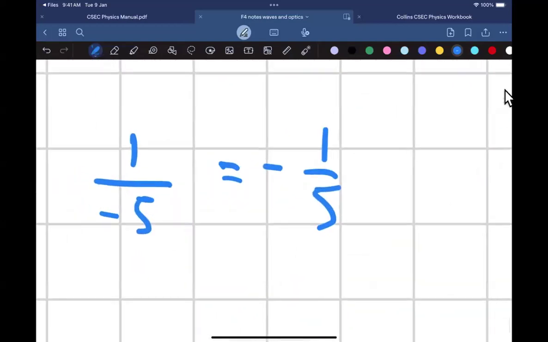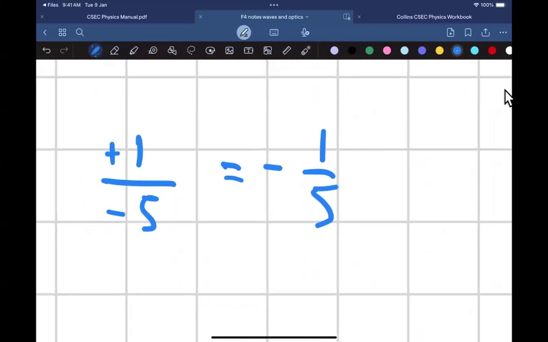Let me explain that. You have a positive divided by a negative. From maths, what is a positive divided by a negative? A negative. So that's how we end up with negative 1/5.